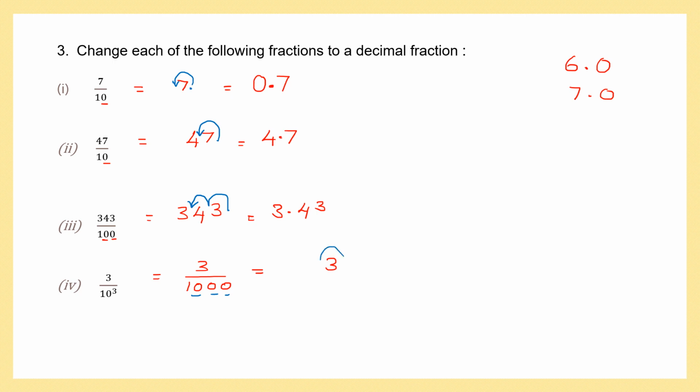That's 1 place, 2 and 3, and then I put my point. So what do I have here? I need to fill it up with zeros. So what is my final answer? 0.003, and since I don't have a number before the point, I put 0. 0.003.